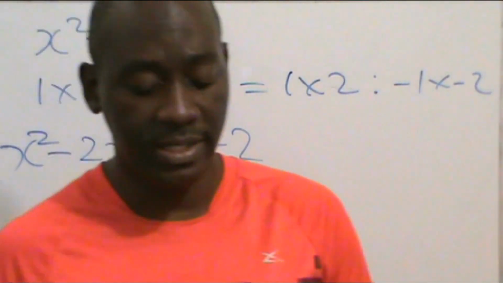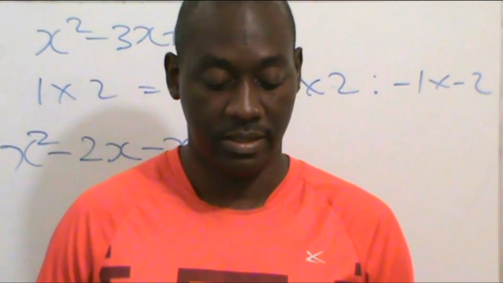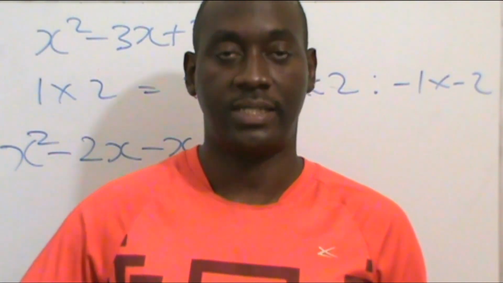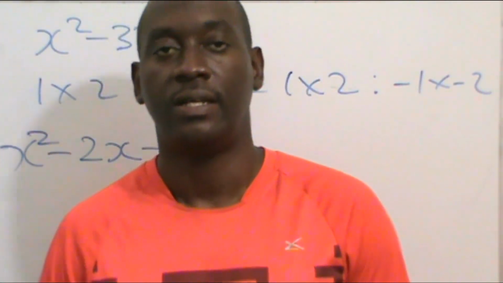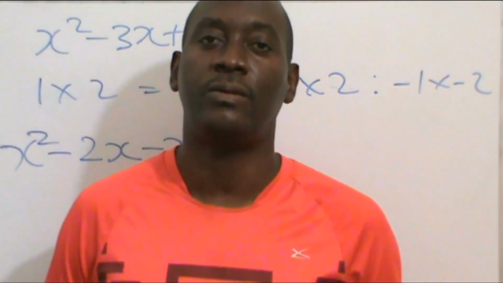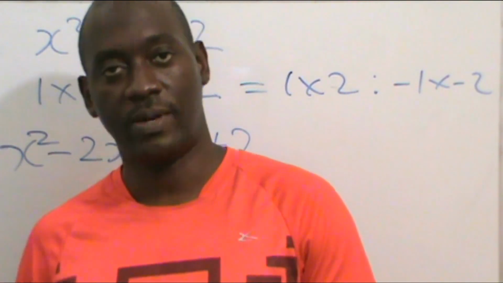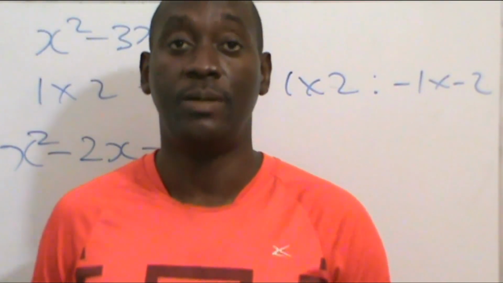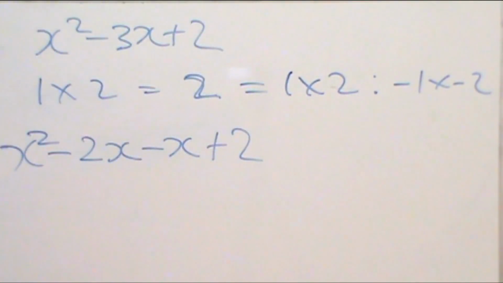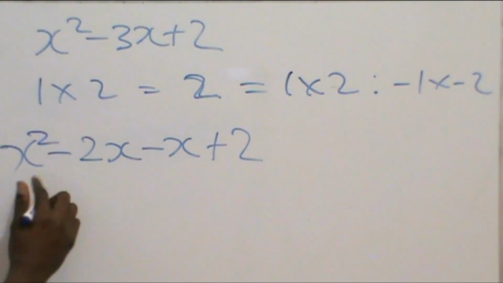In the document you have x squared minus x minus 2x. On the board you have x squared minus 2x minus x. All of this is to demonstrate that it doesn't matter whether you put minus x minus 2x or minus 2x minus x. The answer will be the same. So here now your next step would be to take this and factorize.